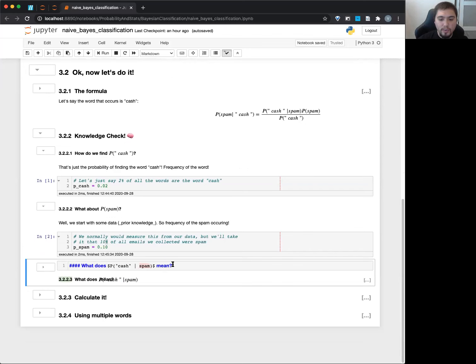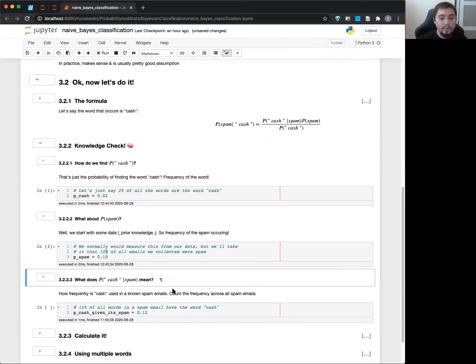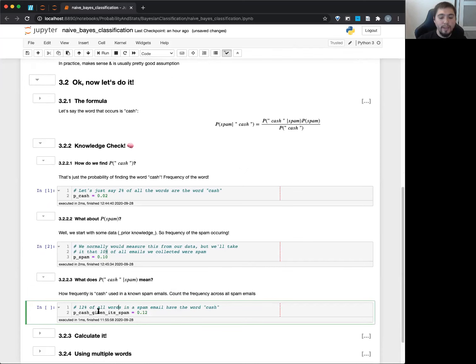All right, and so what does it mean when we say the probability of cache given that it's spam? We're basically saying, hey, how frequently is cache used in a spam email? Does that make sense? So if we look at a spam email, how often is cache actually contained within it, okay? And so we can use this guy right here.